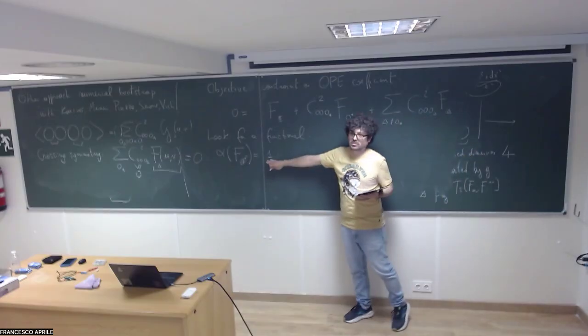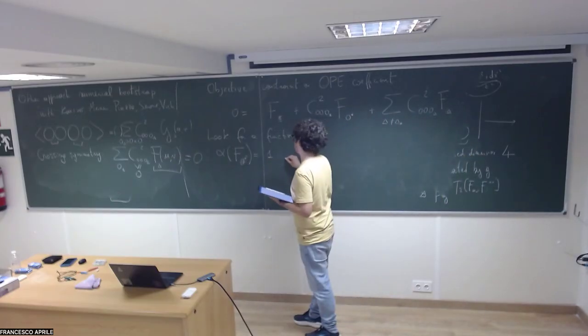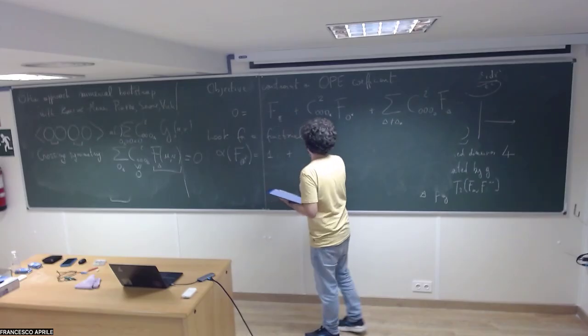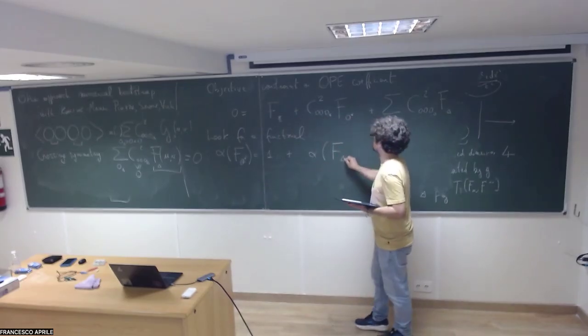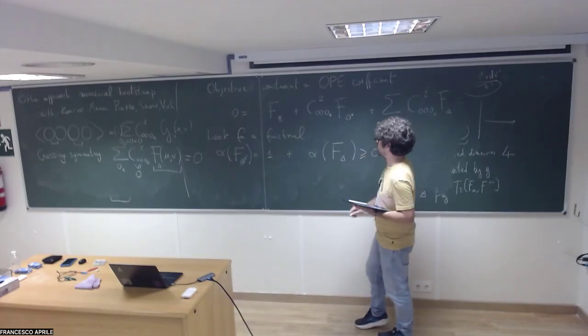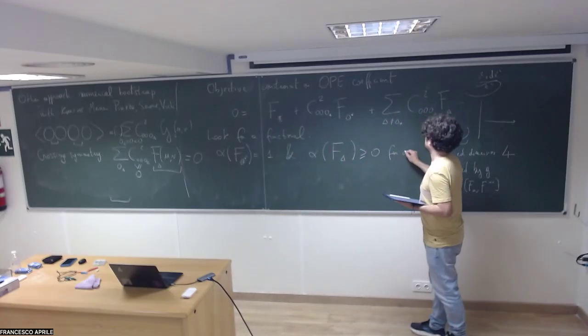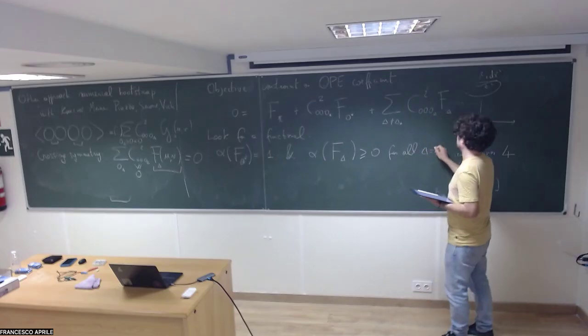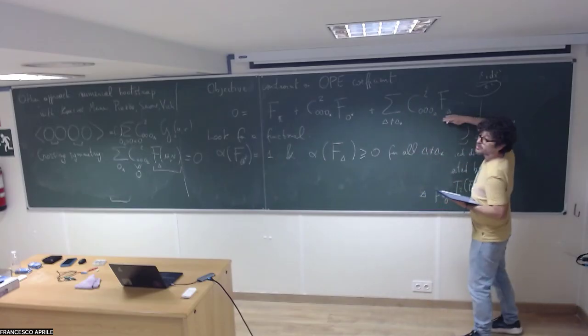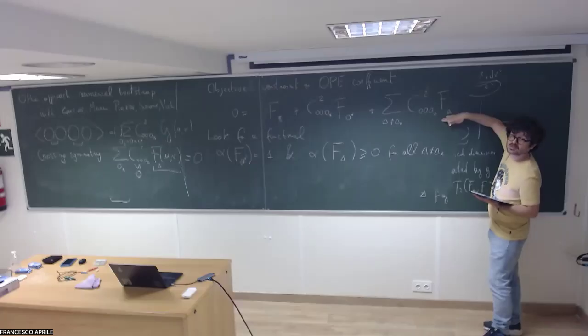It's just a normalization of your functional, and then you require that this quantity is positive for all of these contributions here. Okay, suppose you do that.